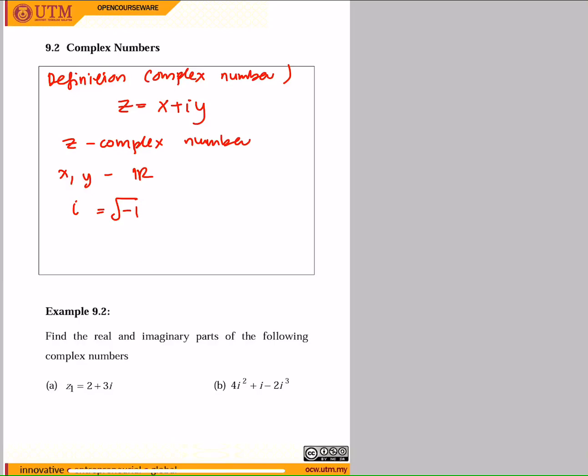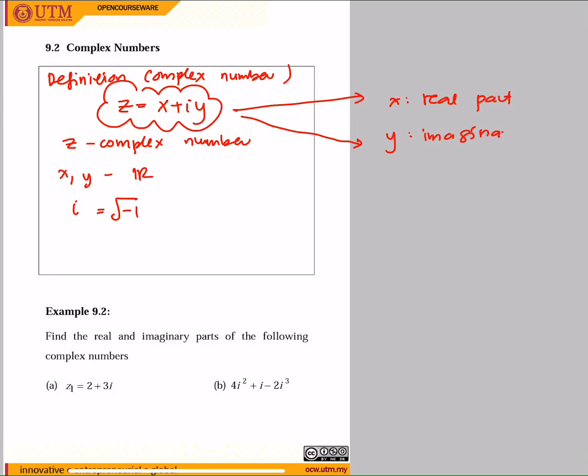So from Z equals X plus iY, X is the real part and Y refers to the imaginary part.